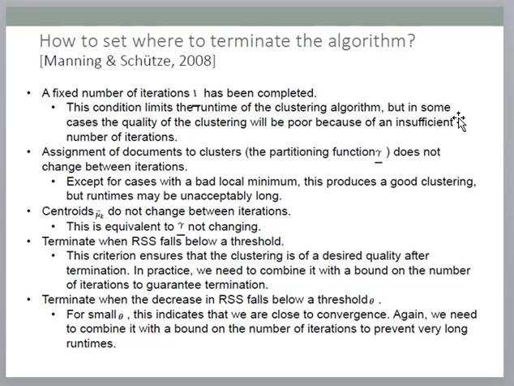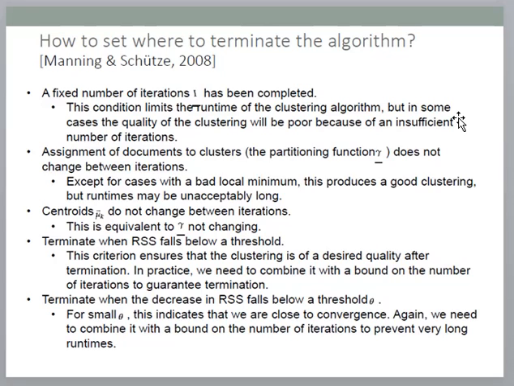Terminate when the decrease in RSS falls below a threshold. It is very similar to the previous one, but we have a value of threshold, and we are representing that threshold with theta here. We can have a small value of theta or a large value of theta. A small value of theta, or threshold, indicates that we are close to convergence, right?